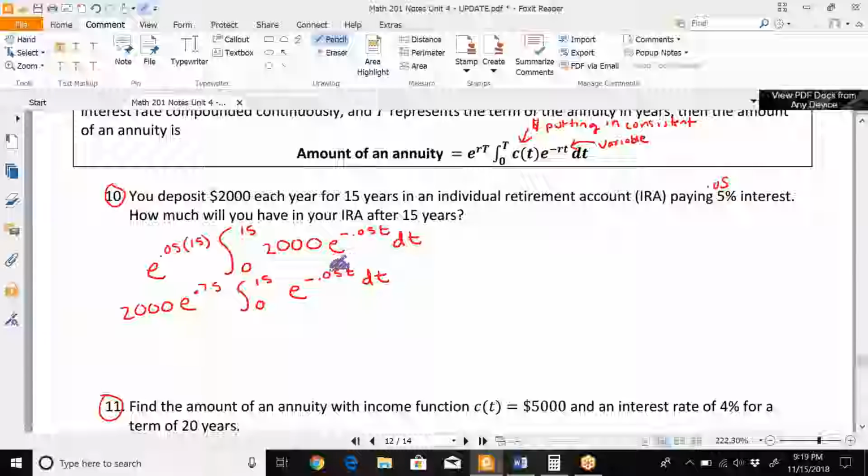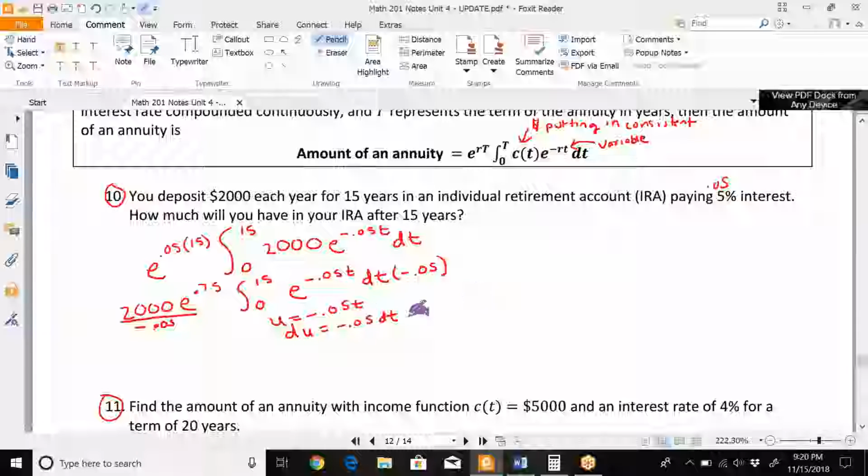Now, because that's not just a t in our exponent, this is a u substitution here. So u is going to be negative 0.05 t, because that's the exponent we're looking at. And that means du would be just a negative 0.05 dt. So we're going to need to multiply this by the negative 0.05. And then we need to divide to counter it on the outside.